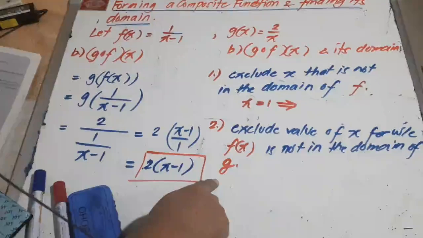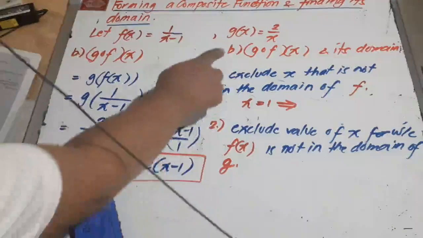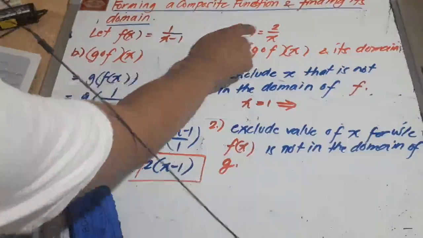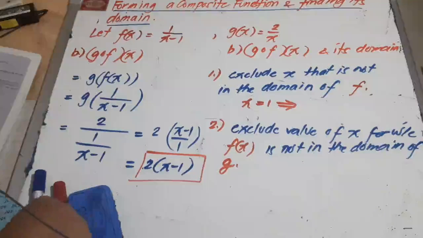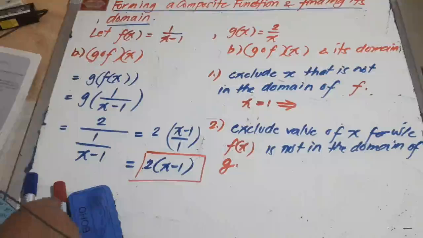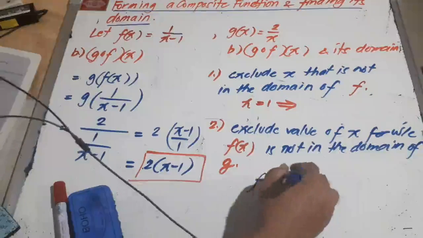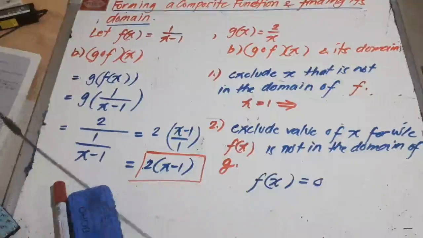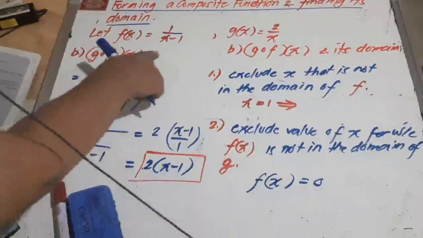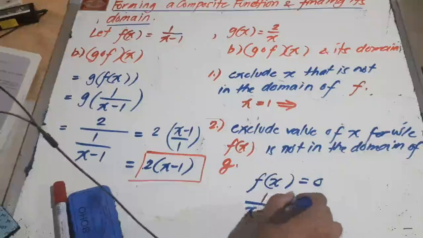Ano ba yung hindi kasama sa domain of g? X equals 0. Okay. So, ibig sabihin, we're going to determine value of x for f of x equals 0. Yan ang i-determine natin. And f of x is 1 over x minus 1. So, 1 over x minus 1 equals 0.